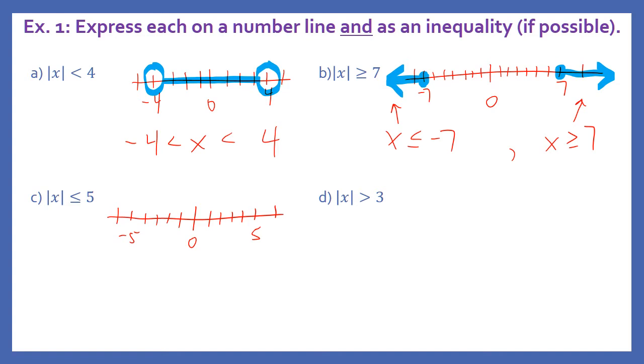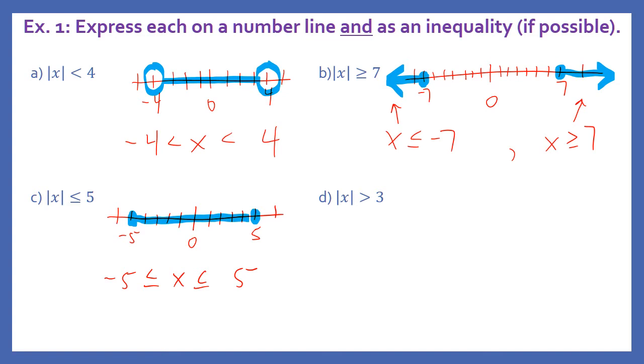And the difference is, since it's equal to, we're going to have closed dots. And anything between those 2 points is going to be less than 5 units away. So just connect those. As an inequality, just like A, -5 is less than or equal to x, which is less than or equal to +5.